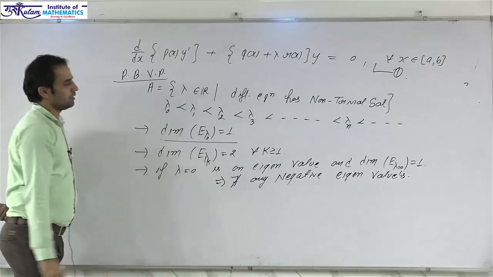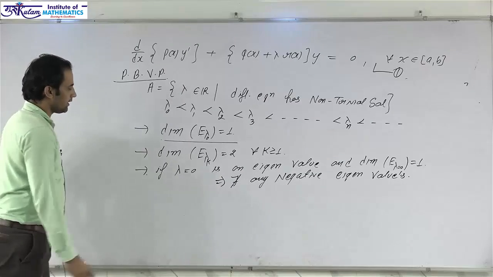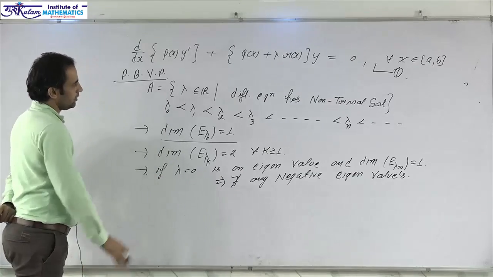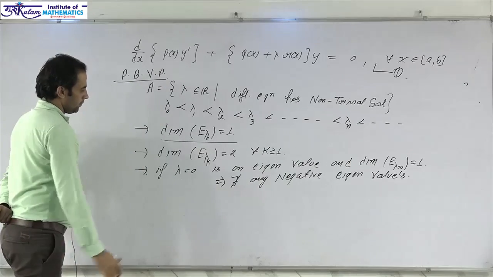So this one is the first property for the existence of negative eigenvalues in a periodic boundary value problem.